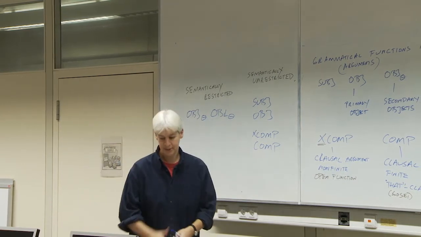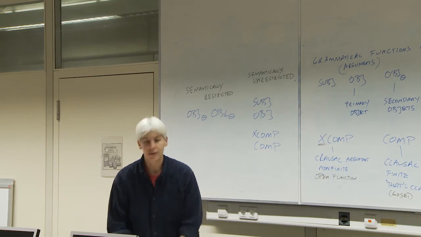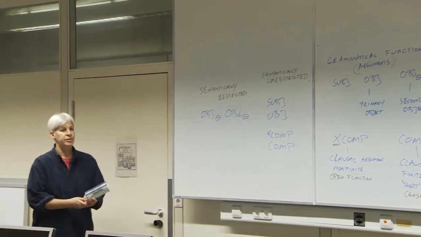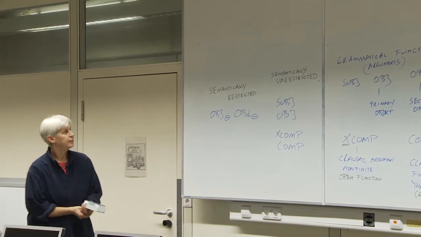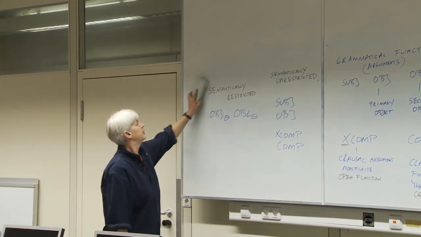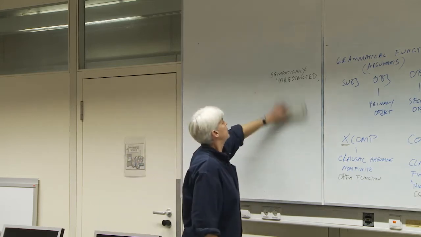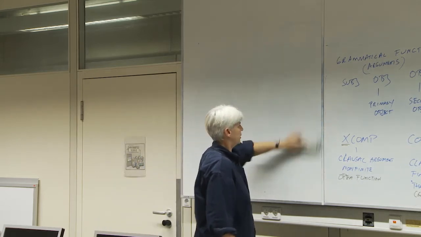I've given you the nice theory, and actually LFG gets used a lot in language description. Australia is a very LFG-friendly continent. So how do you know something is a subject or an object?